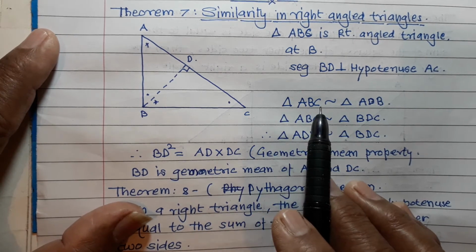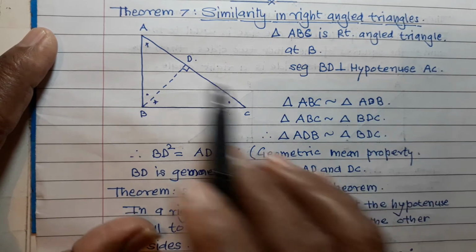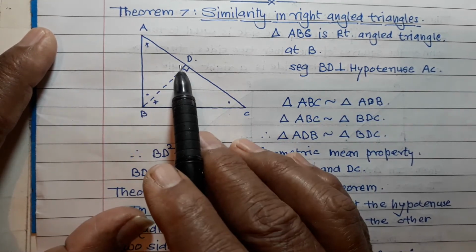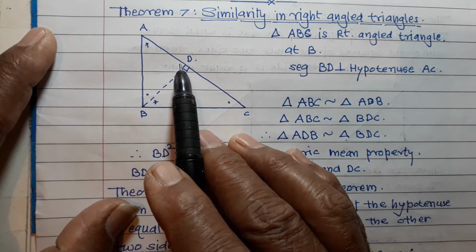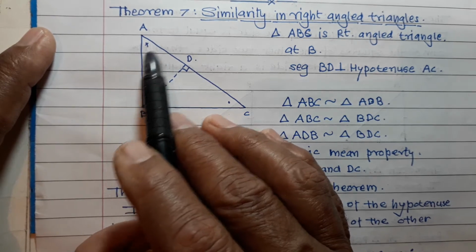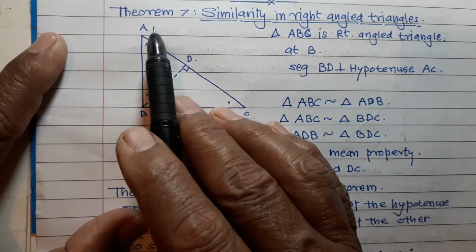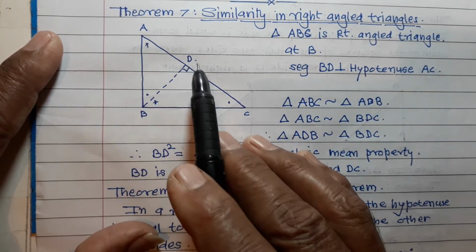Triangle ABC is similar to triangle ADB, because this angle is equal to 90, this angle is equal to 90, and this angle is common. So by AA test, triangle ABC is similar to triangle ADB.